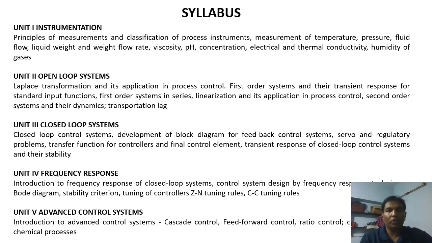In this module, we will see the instruments available for measurement of all these parameters. For example, if you take temperature, we have thermometer, thermocouple, optical pyrometer, radiation pyrometer, and if you measure fluid flow, we have orifice meter, venturi meter.